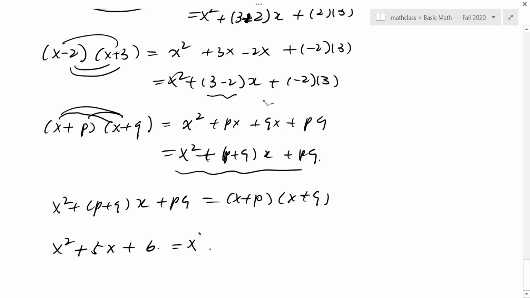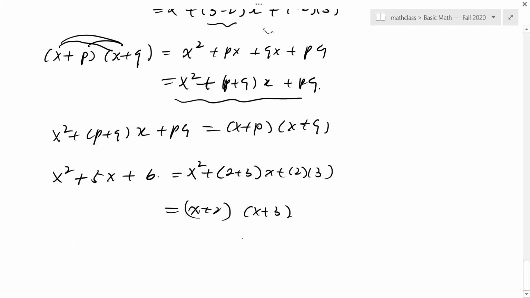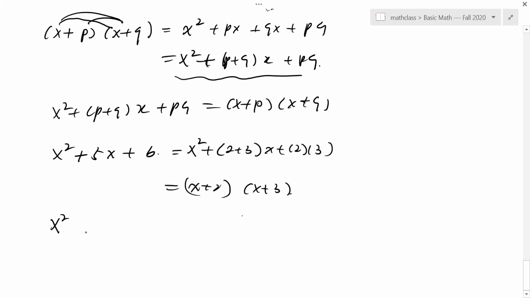That's going to be x squared, here's 2 plus 3, x, and the 2 times 3, right? So that is going to be x plus 2 and x plus 3. Can you try this next problem?